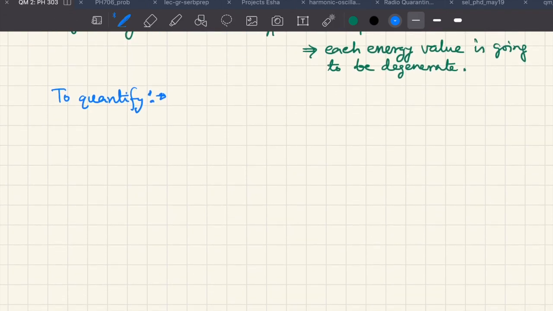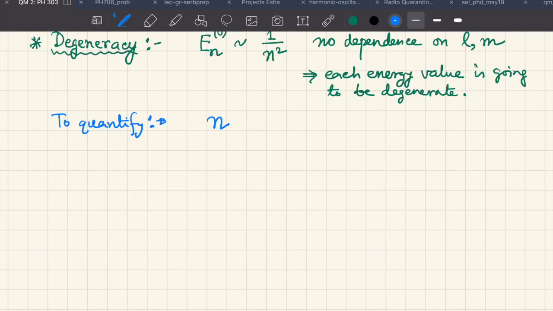We obtained a relation when we discussed the hydrogen atom in detail, that this small n, the principal quantum number, is equal to capital N plus L plus 1. If you may remember, this came while we discussed the radial equation, the series solution. This capital N was always greater than or equal to 0. And what did it imply?